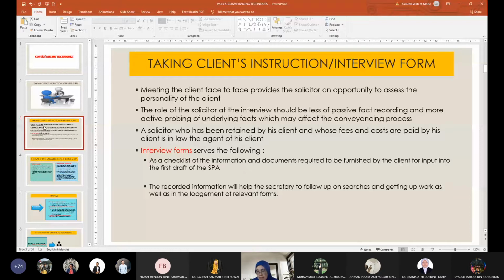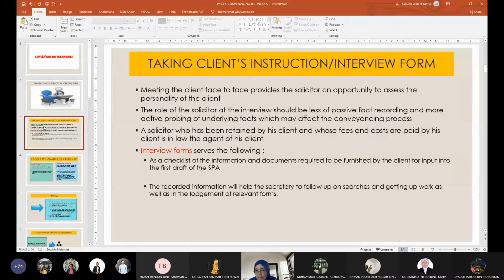Ada elements yang fishy in the transaction. So from the interview tu kita boleh tahu. Kita akan cuba dapatkan information to the extent that kita boleh assess whether orang ni adalah pihak yang betul di dalam sesuatu transaksi.